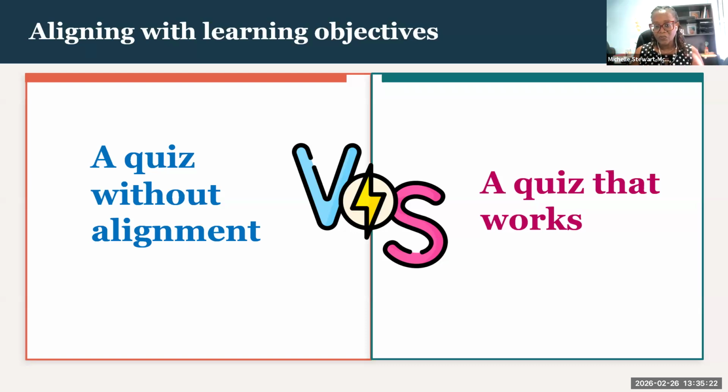When we align the quiz, we have something that looks different. It's a quiz that works for your students and works for us as facilitators, because the questions map to respective learning outcomes. The questions also reflect Bloom's taxonomy, the different levels of the cognitive domain.